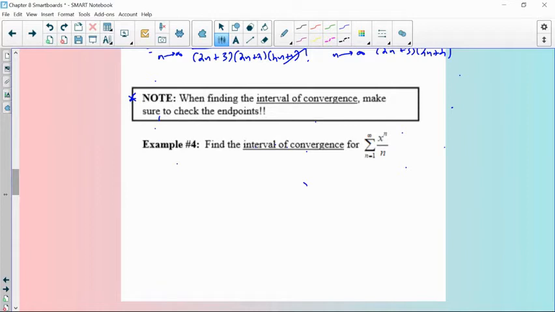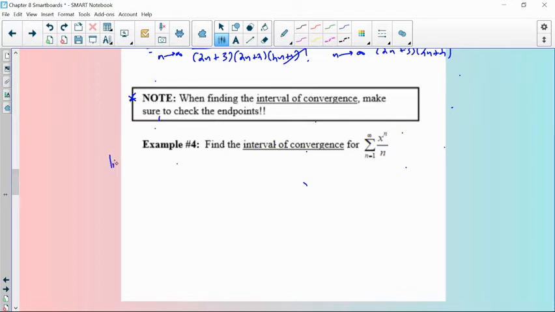So I think maybe what I will do is I can think about it as a geometric sequence, since I have no factorials or anything else, or I could think of it as a ratio test. So I like ratio tests, so let's maybe do that.